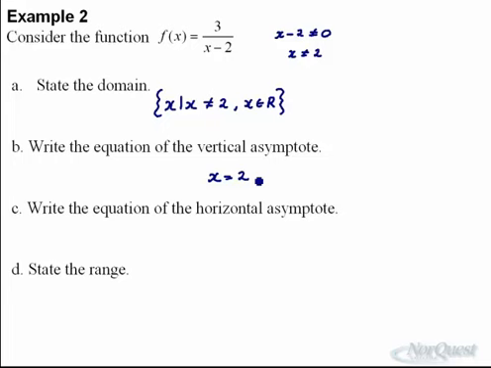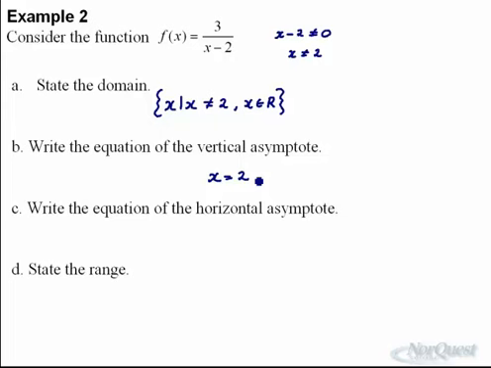It's horizontal asymptote and range that are a little bit harder to deal with. And if you look in the notes, I give you some advice on using the degree of the numerator and degree of the denominator to help you find that. In this case, the degree of the numerator is 0. There's no variable on the top.